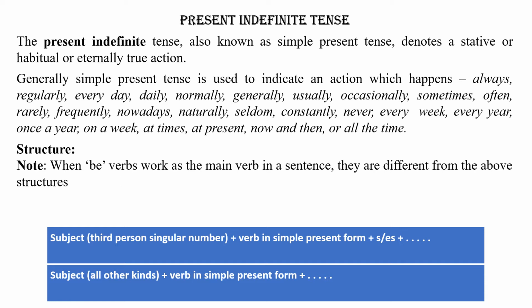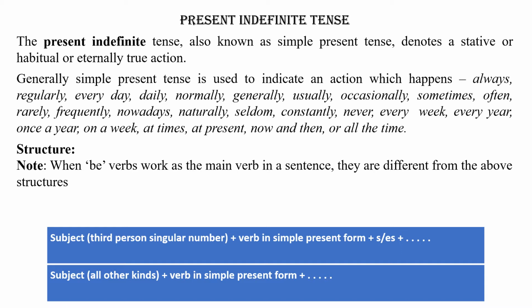The structure of the present indefinite tense is: when be verbs work as the main verb in the sentence, they are different from the above structures. Subject, third person singular number, plus verb in simple present form, plus s or es, plus the rest of the sentence.